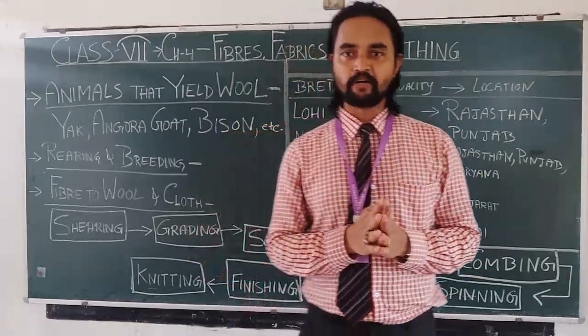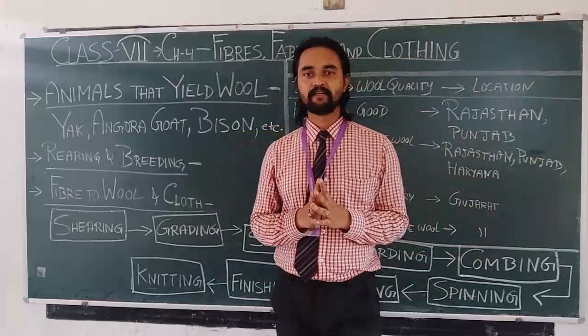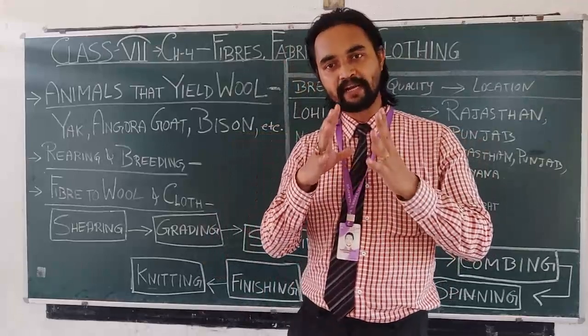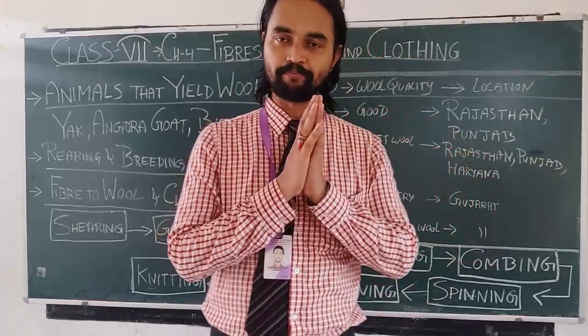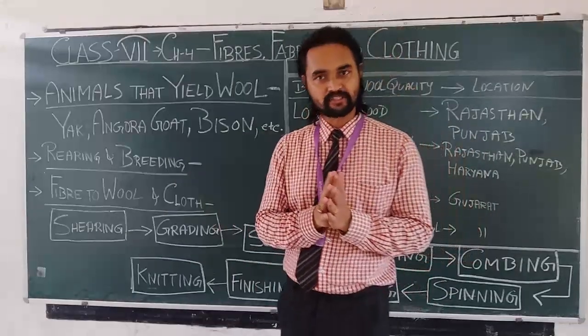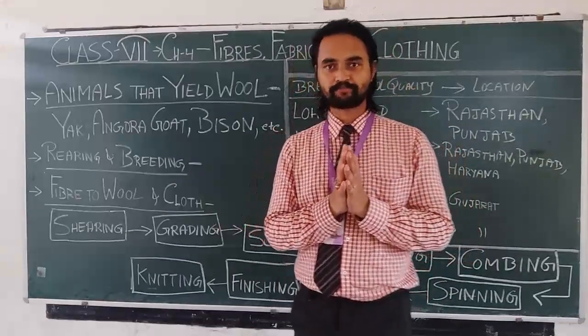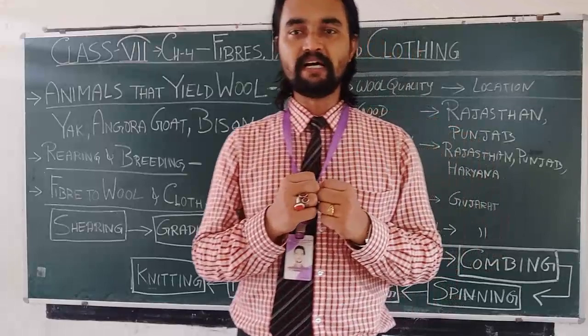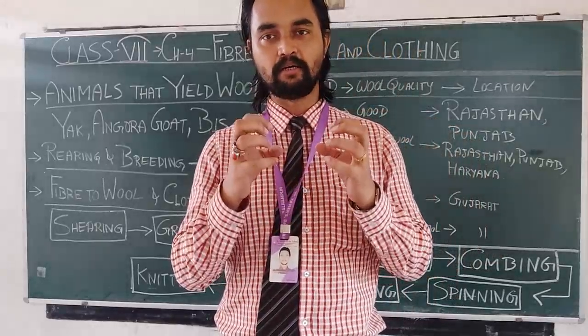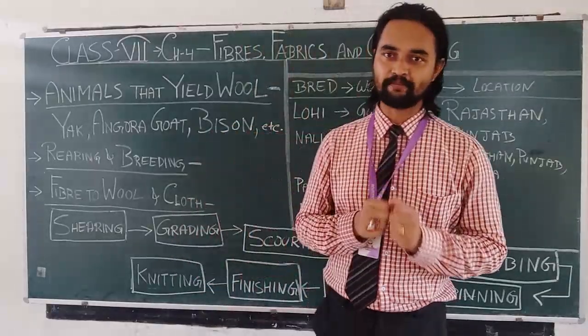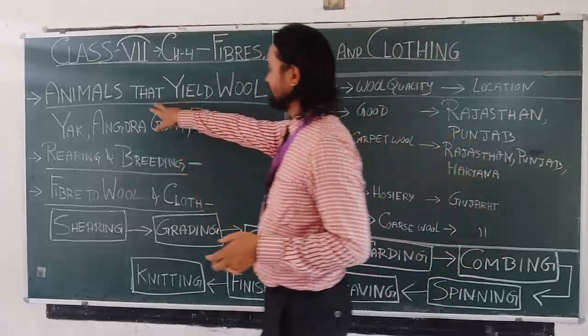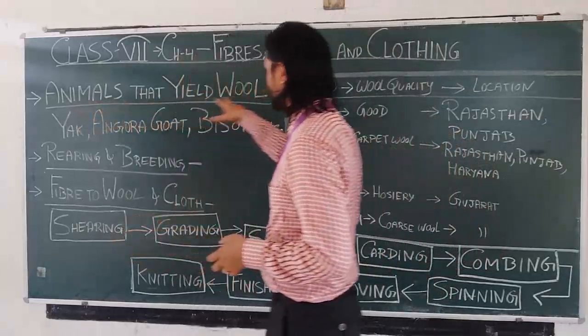Now, the first part of this chapter is obtaining wool and preparing clothes by using this wool. There are so many processes of preparing clothes. So first of all, we learn about the wool yielding animals. That means the animals that yield wool.